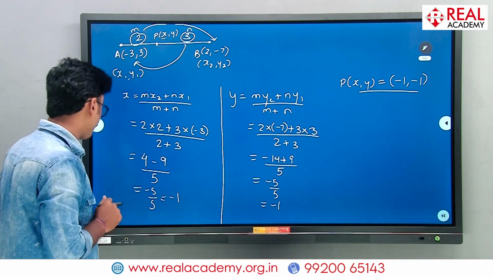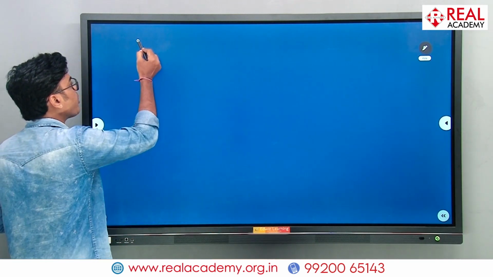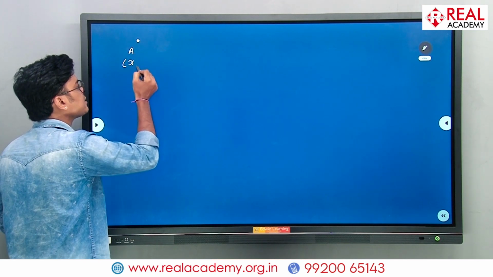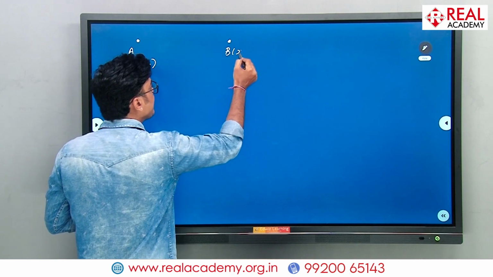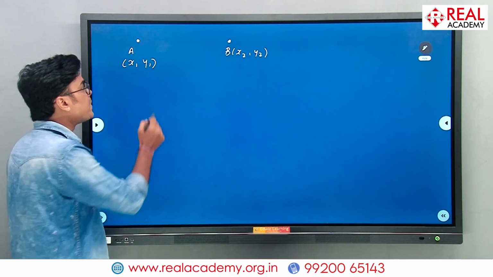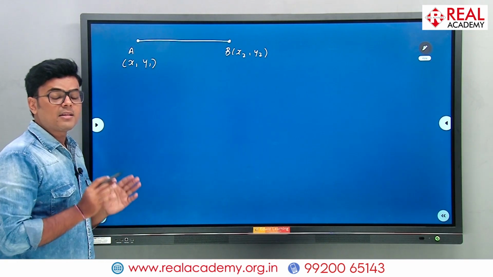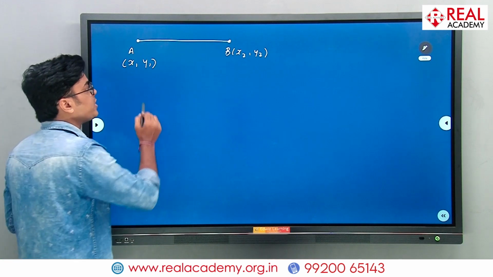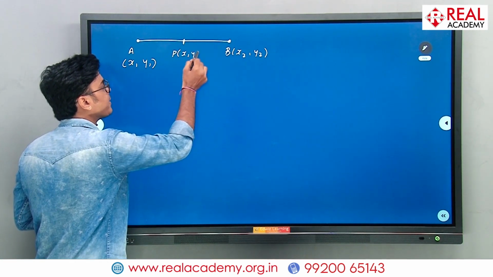For example, there are 2 points given to you, point A (x1, y1) and point B (x2, y2), and you are required to find the midpoint of the line joining these 2 points. Let us assume the midpoint to be (x, y).